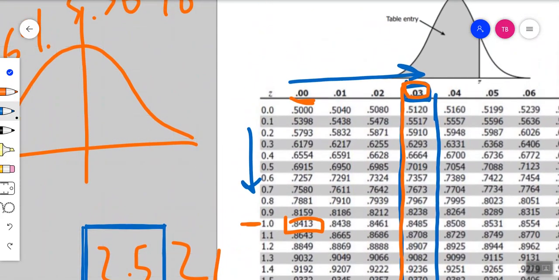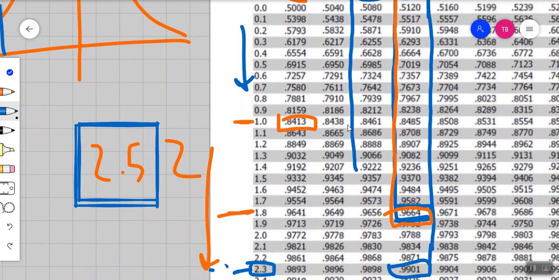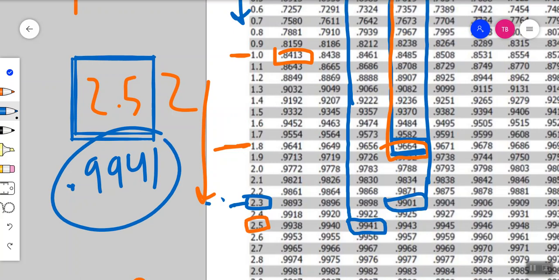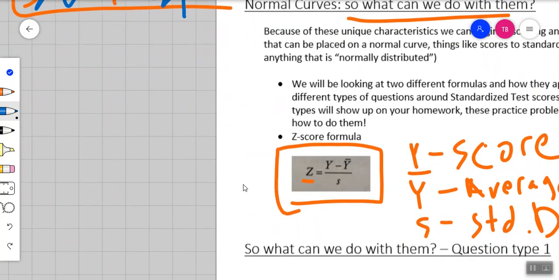Scroll down until we hit the intersection right here. So 2.52 is going to be 0.9941. Let's take this number and bring it down to our problem, 0.9941.